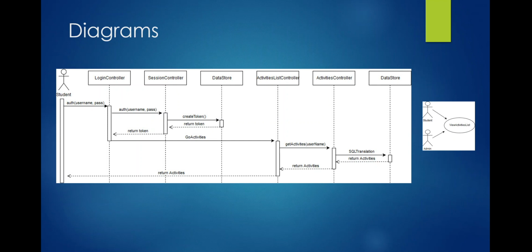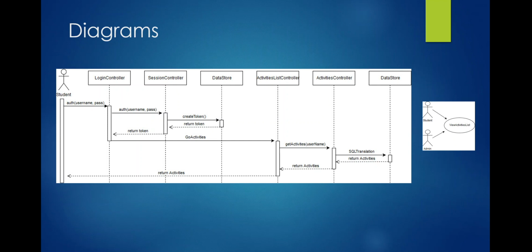Once the user has the token, the logic indicates that a logged in user should be taken to the activity list controller. The activity list controller then calls the activities controller, which is a backend controller, and passes the username for the user logged in.